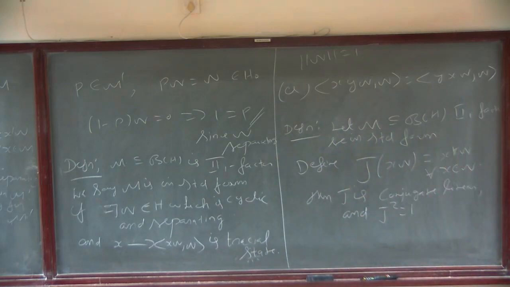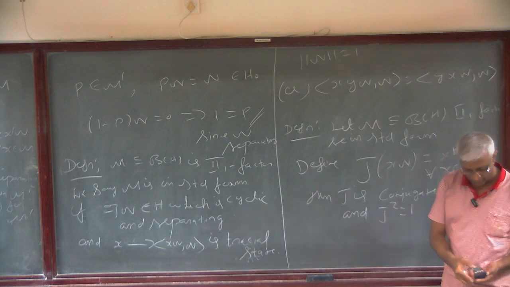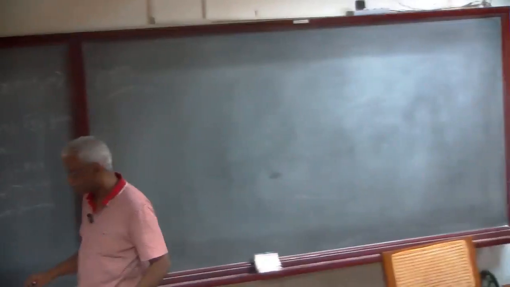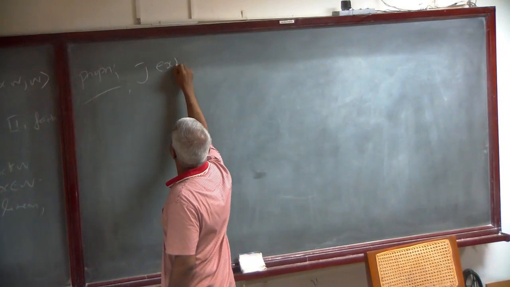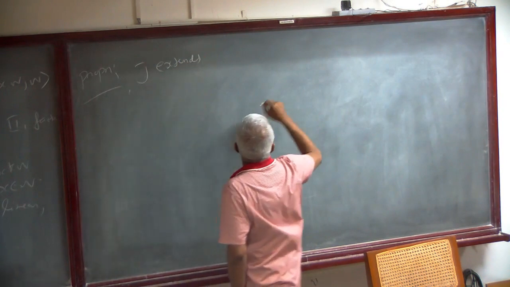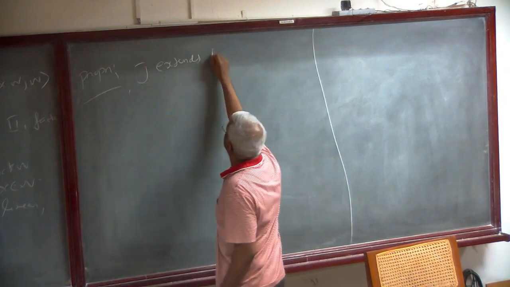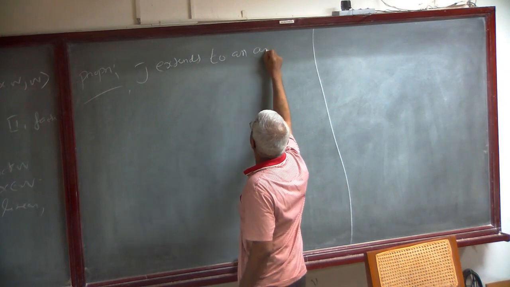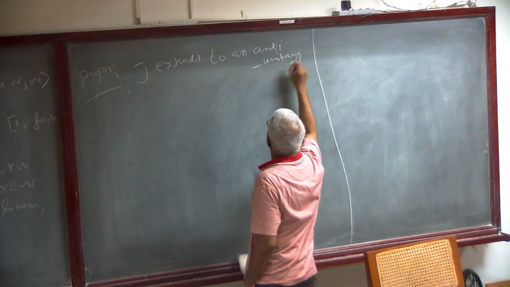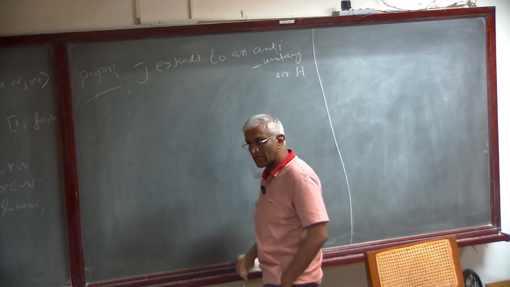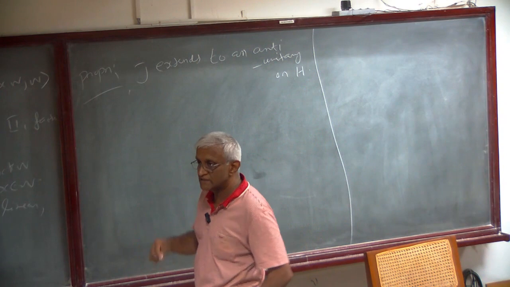Okay. So further, this is the proposition. Further, J extends to an anti-unitary on H. By anti-unitary, this is a conjugate linear map.